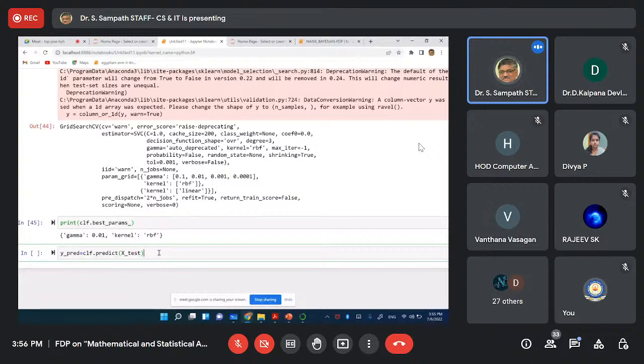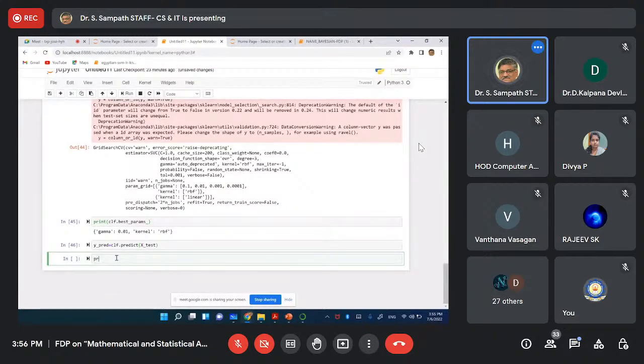If you run this, let us see what happens. So I have predicted. Now I am going to produce my classification report. First I have to give y_test, the actual true value. To avoid confusion I have renamed it like that. And here I have y_predict.